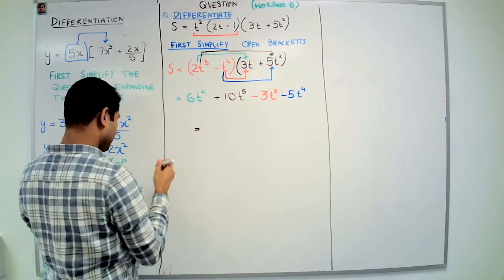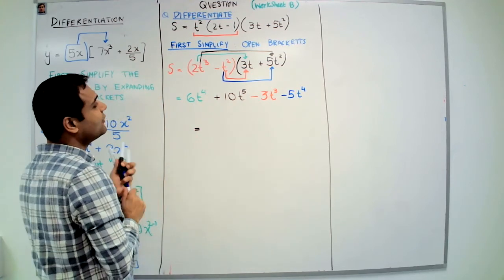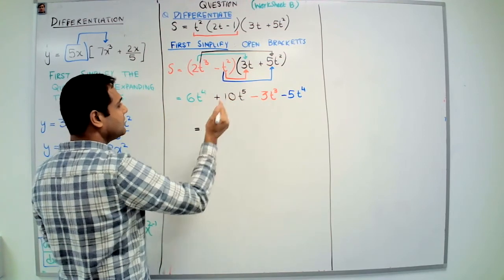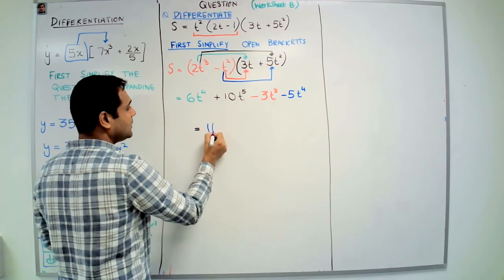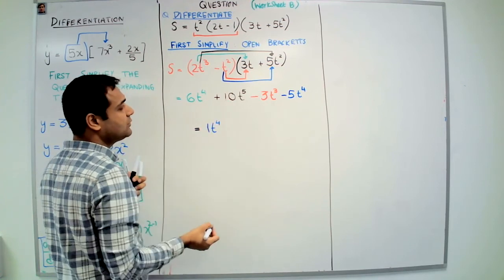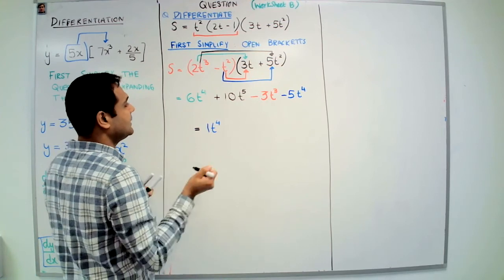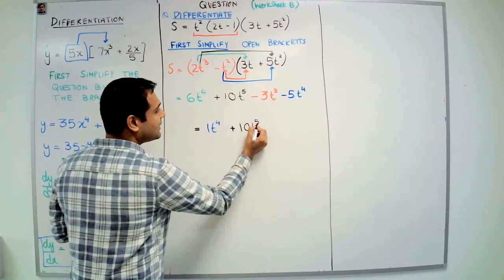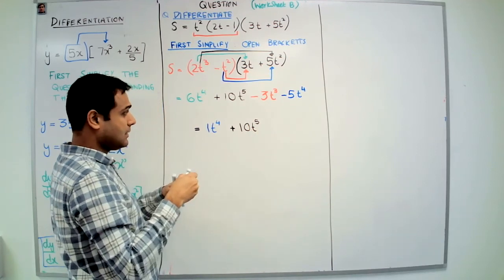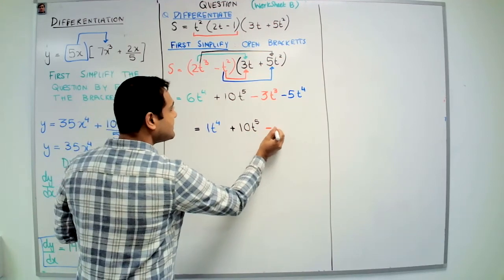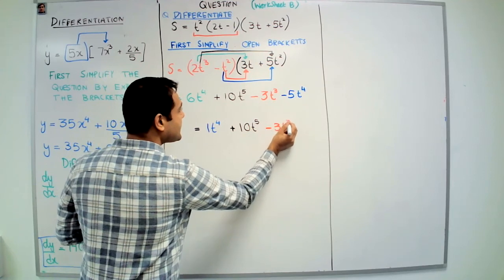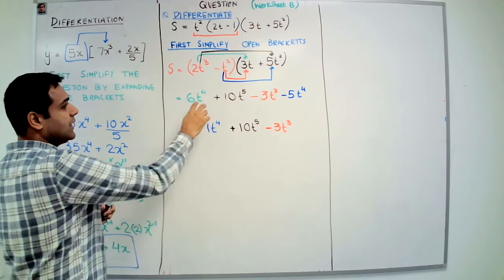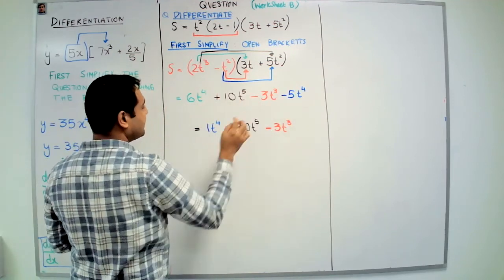That becomes 6t to the 4 minus 5t to the 4, like 6 apples minus 5 apples, just 1 apple, 1t to the 4. I don't even have to write the 1. Minus 3t cubed. I can only do it if the power is the same.